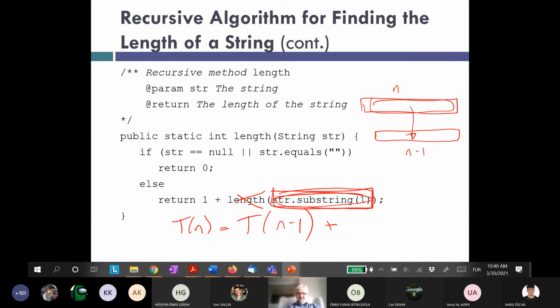It looks like a constant time operation, but it is not. You have to be careful about it. You have to know about Java to say the running time of this operation. That's why you have to be careful about using substring, since it is not a constant time operation. So n minus 1 elements are copied.